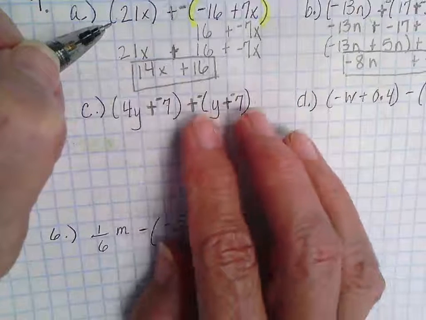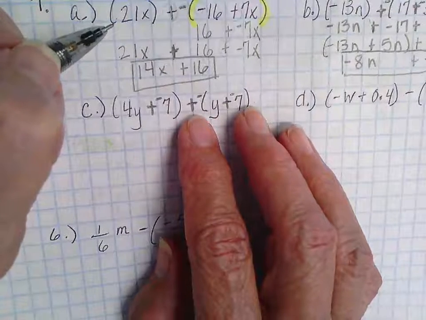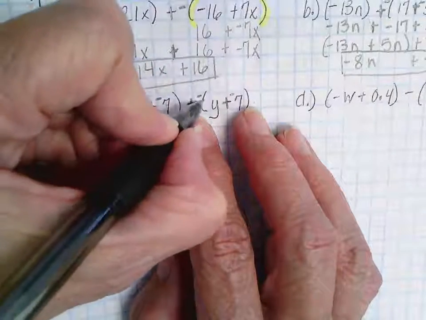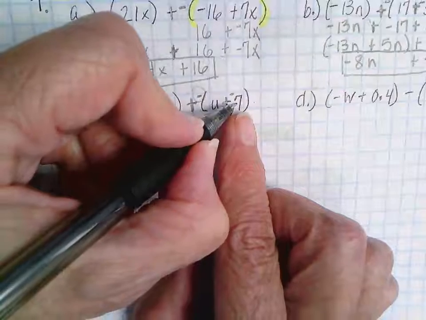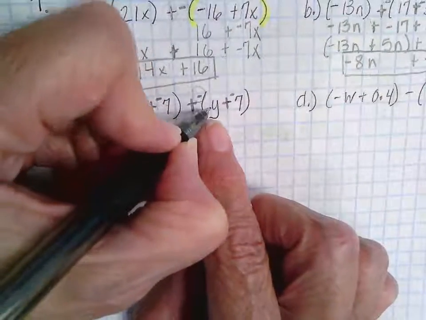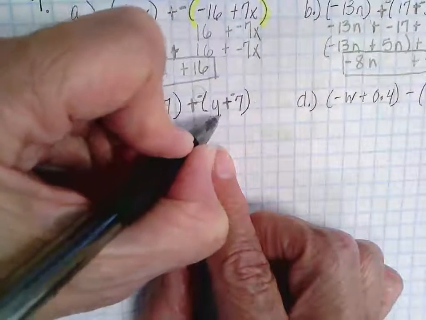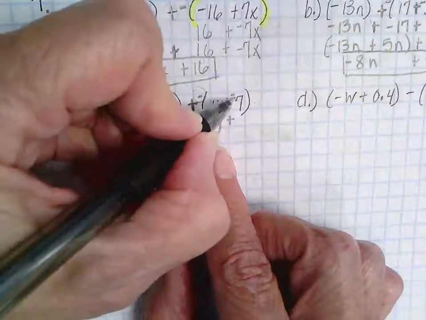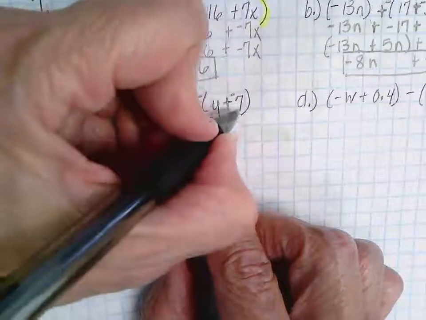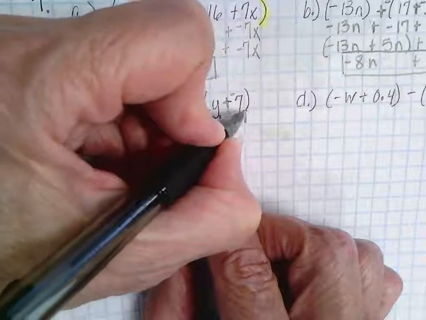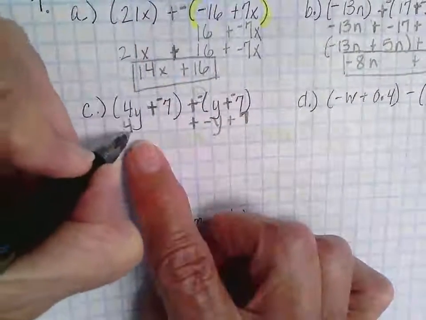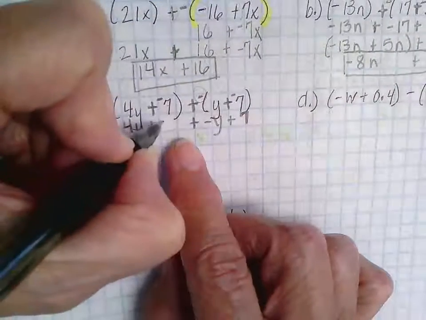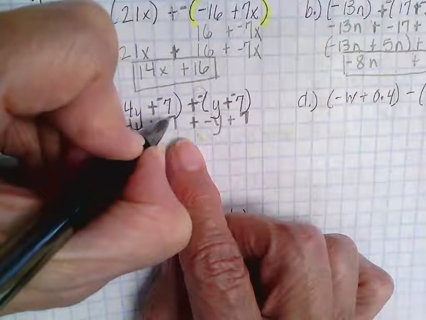And now what I'm going to do is work with this. This negative is going to change all of these to their opposites. So I'm going to have a negative y plus the opposite of negative 7 is positive 7, plus 4y plus negative 7.